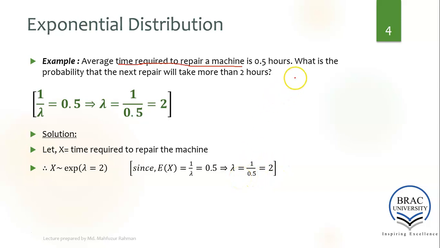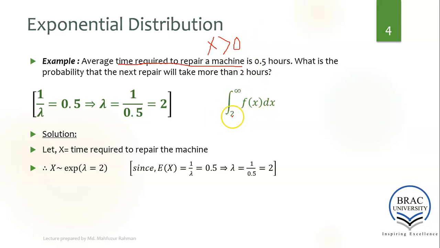After that, we need to find the probability that it will take more than 2 hours to repair the machine. This is the density function to find that probability, and as we know, the range of the random variable x is always greater than 0 and has no upper limit.